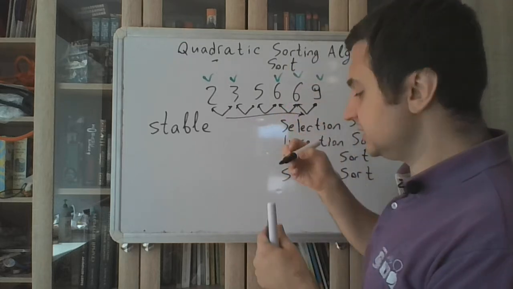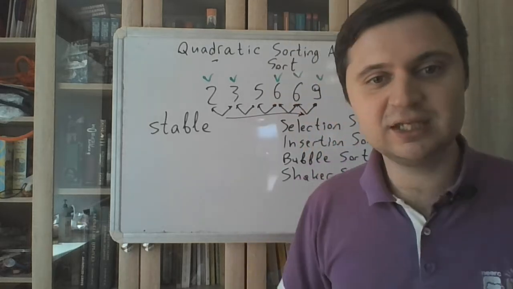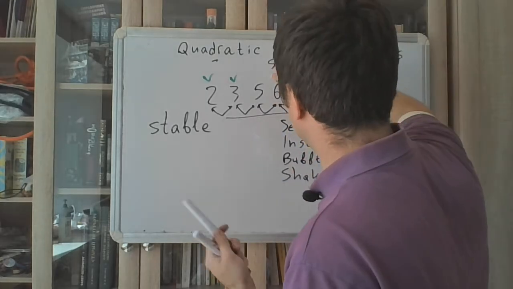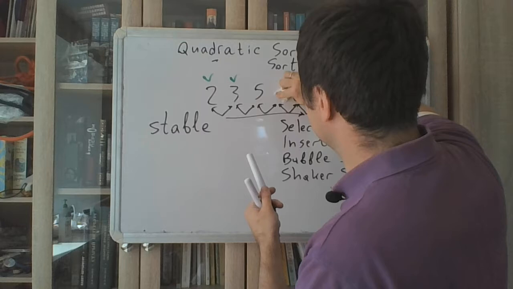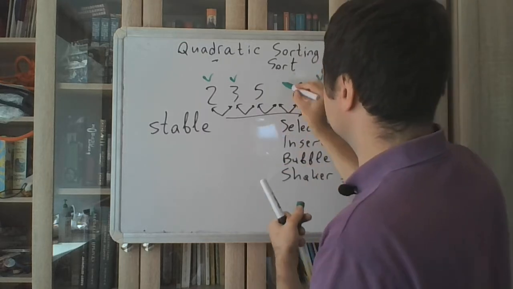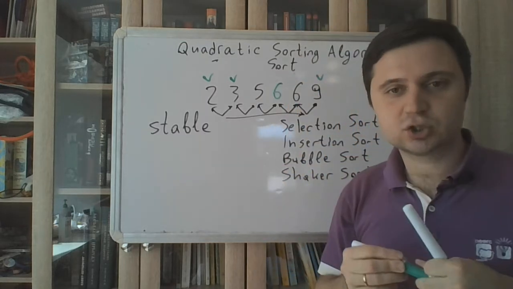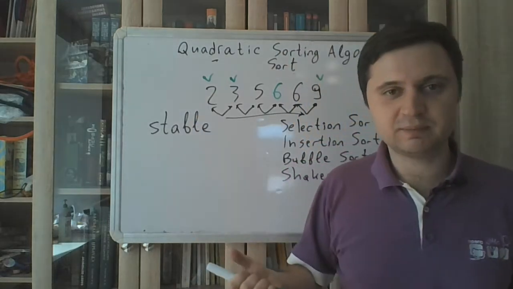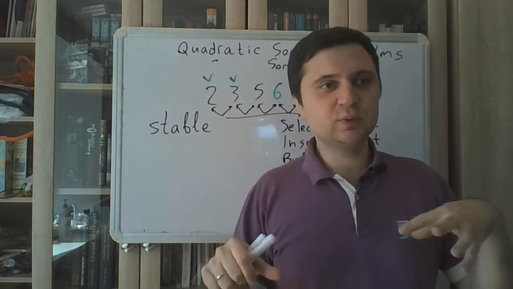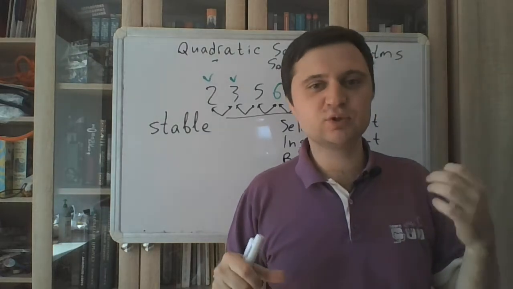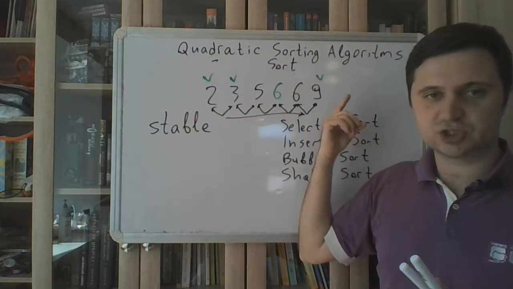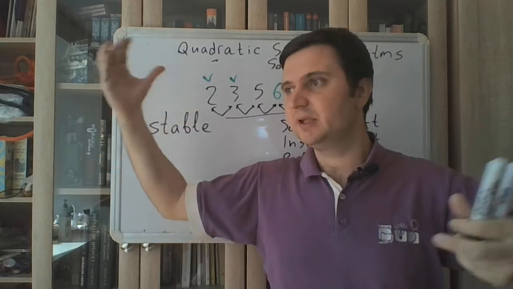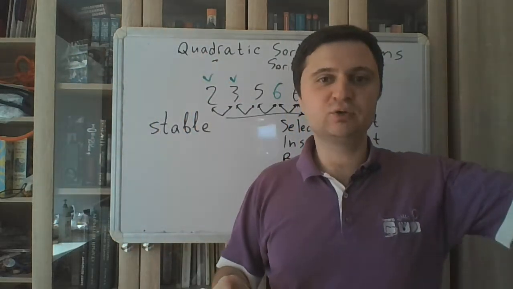So let's think about equal elements in the initial array. For example, I can make this 6 green and the other 6 black. So I mark the equal elements by something. In real life, it will be the other way. In real life, you will sort not integers, but students by some criterion.